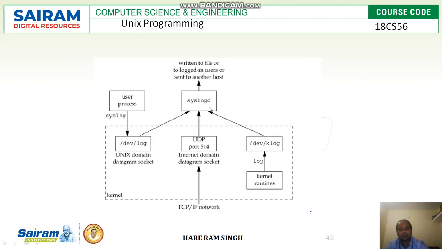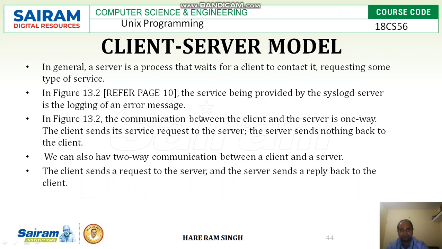All these things can be handled using the syslogd functions. So this is how the error messages generated by the daemon process can be handled through the syslogd process. Now let us see the client server model.